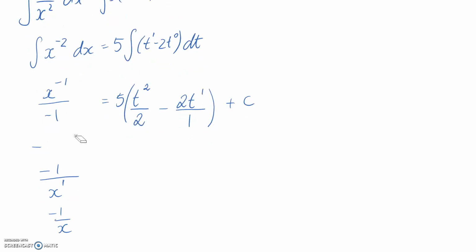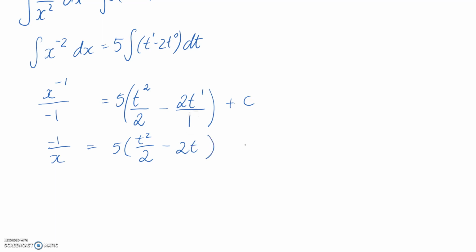Okay, so let's just go back and write this as negative 1 on x. Alright, here we've got 5 outside of, I'll just leave it, t squared on 2. And then this we can rewrite as 2, t to the power of 1 is just t, and dividing by 1 does nothing. So we get that.